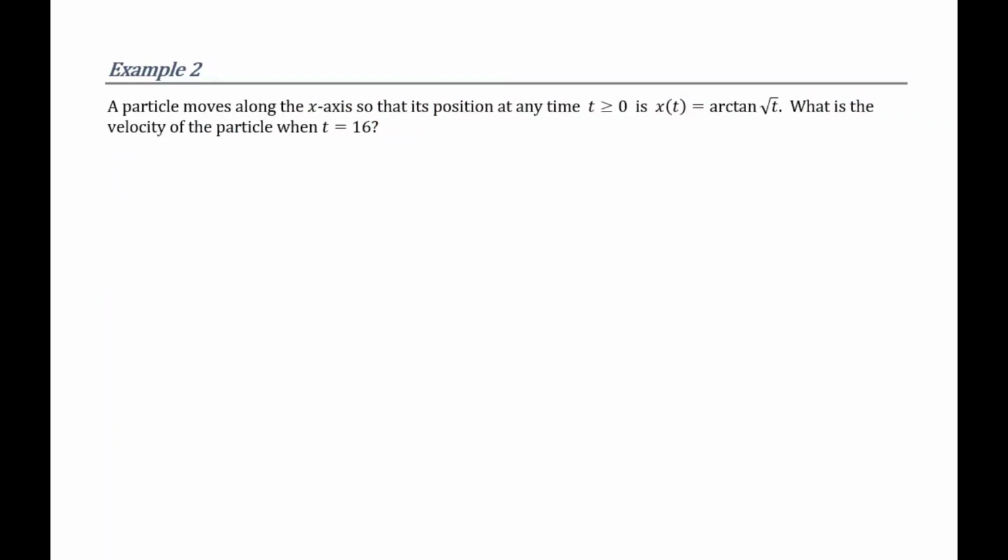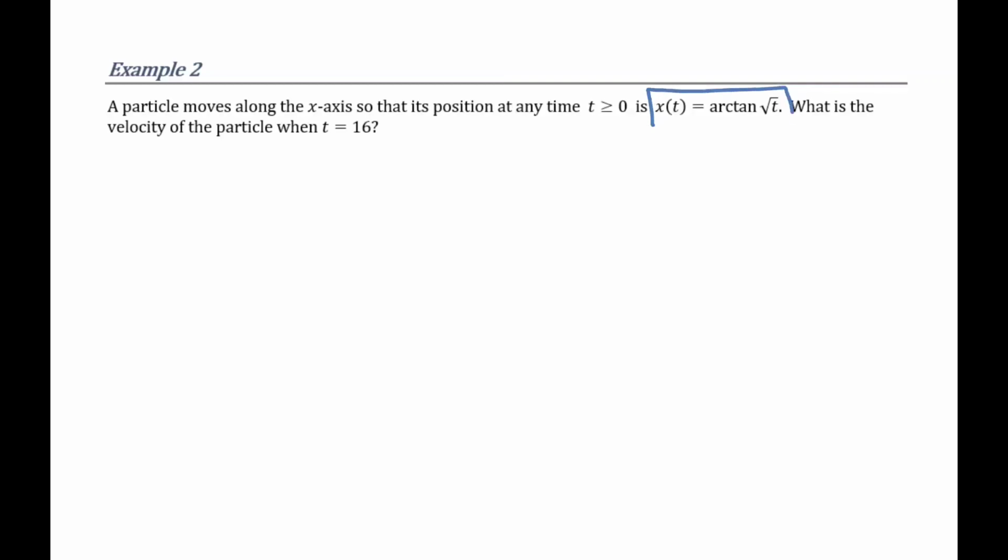Example 2. A particle moves along the x-axis so that its position at any time t, where t is greater than or equal to 0, is x of t equals the arctan of the square root of t. What is the velocity of the particle when t equals 16?